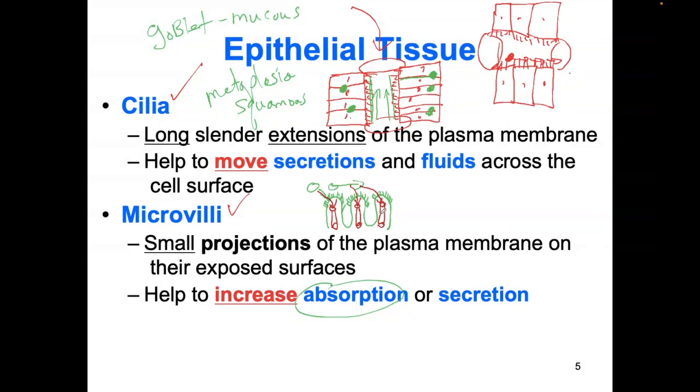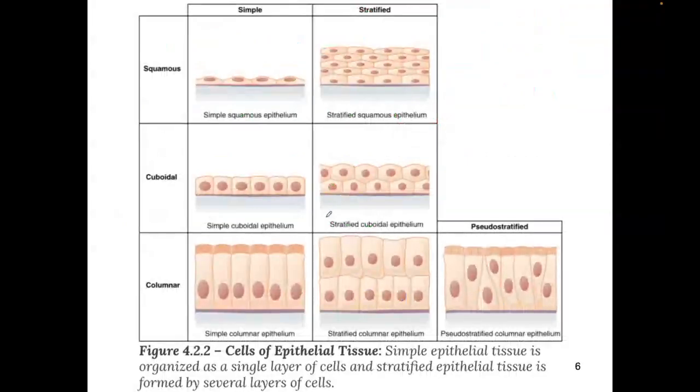Everything comes in, and your body's going to break them down, absorb it, bring it into circulation for energy and to help rebuild all the other tissues of the body. So cilia and microvilli are important. We have cilia in our respiratory tract. We have microvilli in the digestive tract. Really important stuff, okay?